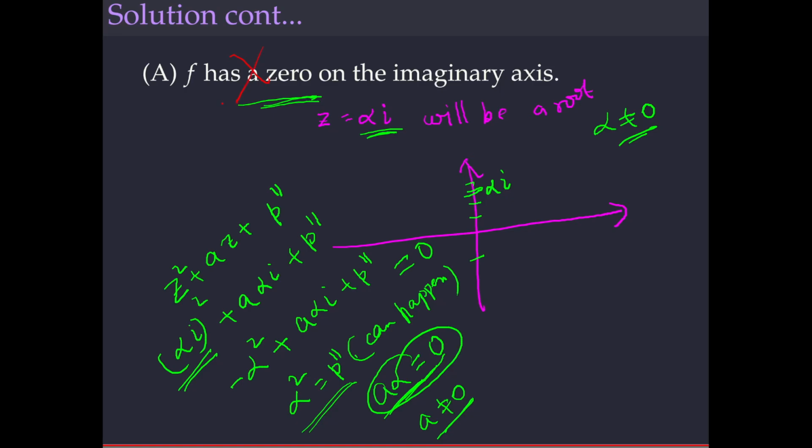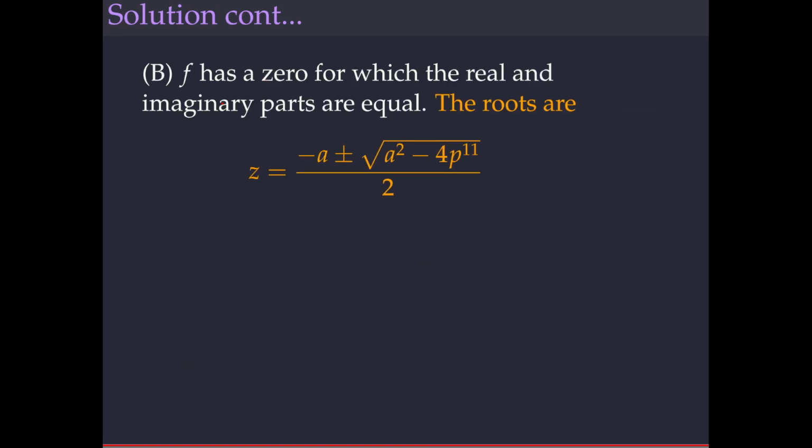Okay, very easy. Let's see the next option, option B. F has a 0 for which the real and imaginary parts are equal. So what are the roots? Recall that for a quadratic equation ax square plus bx plus c equals 0, the roots are minus b plus minus square root d by 2a.